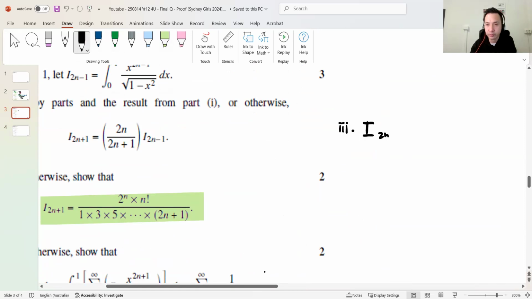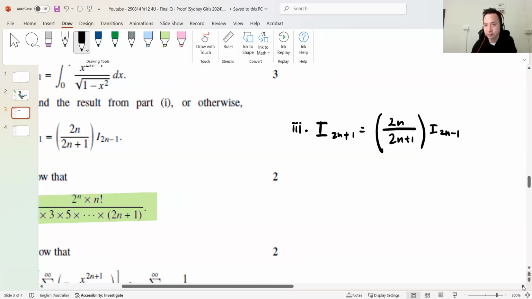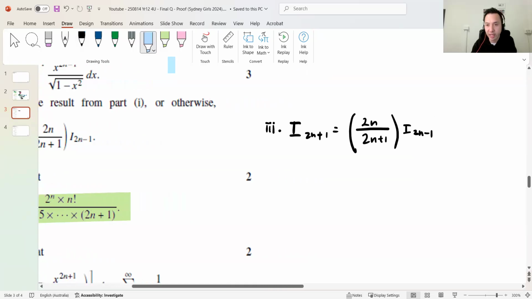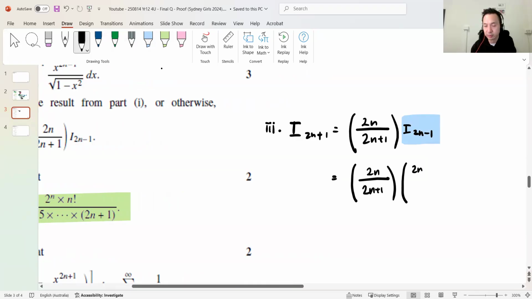From part 2, I got that this guy equals 2n over 2n plus 1 times I_(2n-1). I'm going to slowly unwind this guy, right? So I know that then that equals 2n over 2n plus 1. Now, when that was 2n plus 1, this was 2n. So when that's 2n minus 1, this must be 2n minus 2.